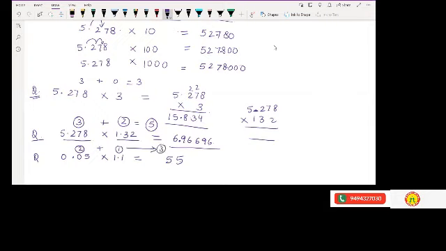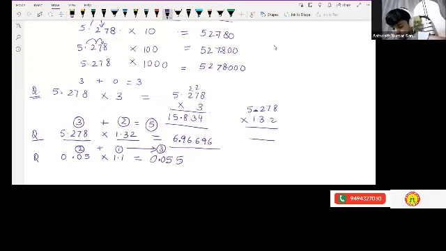That means I should have my decimal point 3 digits from the right side. So this is 1, 2, and for the third one I will put 0. And here I will put my decimal point. Okay, ma'am, so it's 0.055. Yes, it's 0.055. When you don't have any number in front, you put 0. So this is your answer.